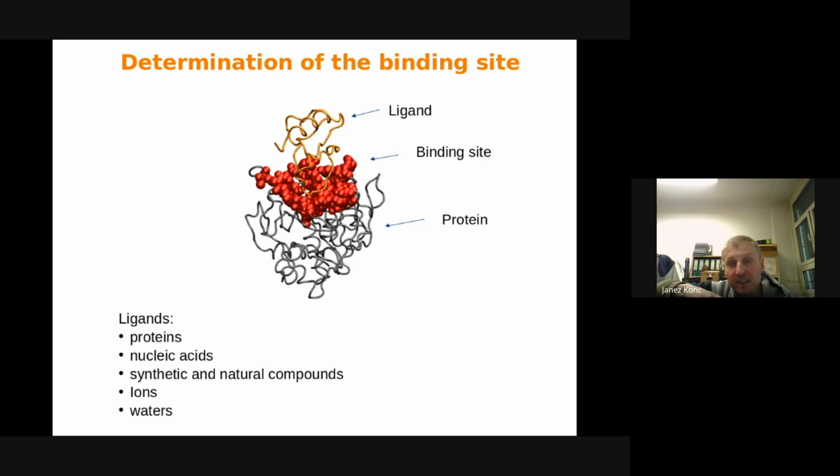This specificity is very important. It's not just any ligand, it's usually just one ligand that fits into this binding site, or a number of ligands that are similar and fit into it. Ligands can be other proteins, nucleic acids, or, very important for drug discovery, synthetic and natural compounds, ions, and even water molecules. We consider even water molecules as ligands in special cases.